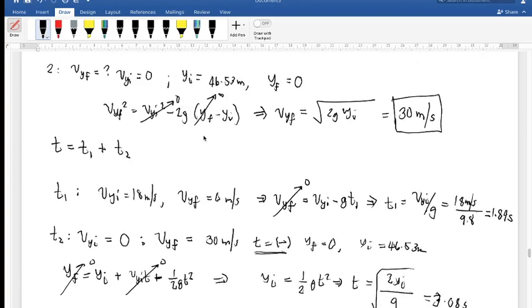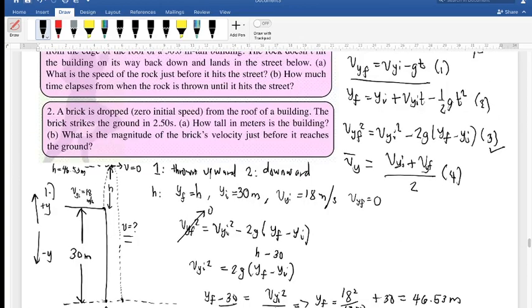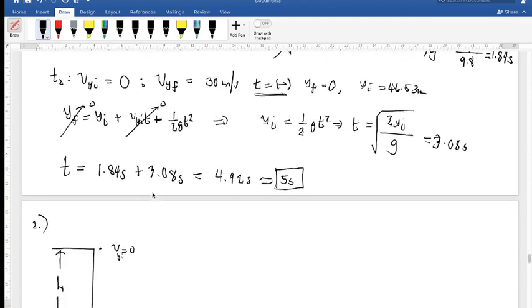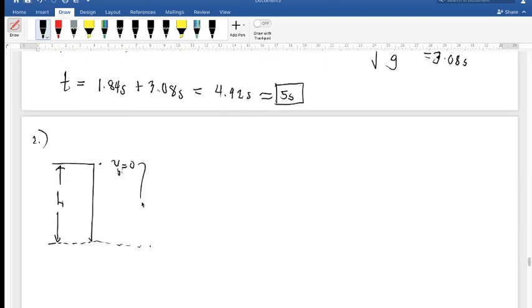So the brick strikes the ground in 2.5 seconds. So for the total time elapsed, yung time mo is 2.5 seconds. So how much is the building? How tall is the building? So here, so how can we do this one?